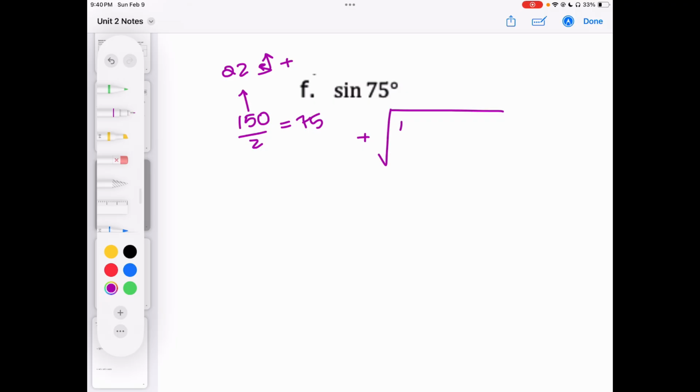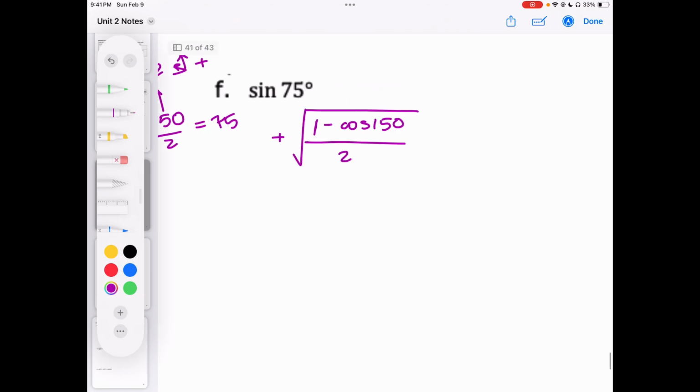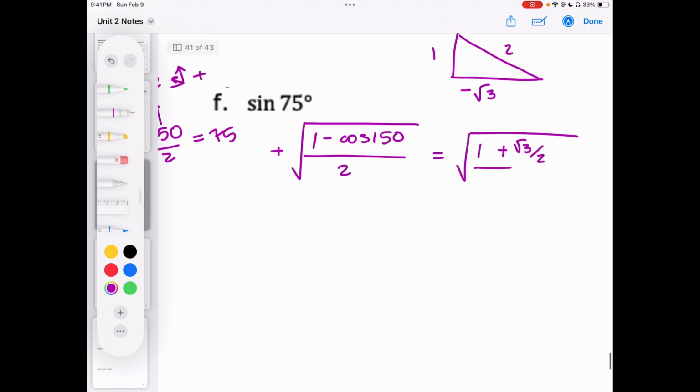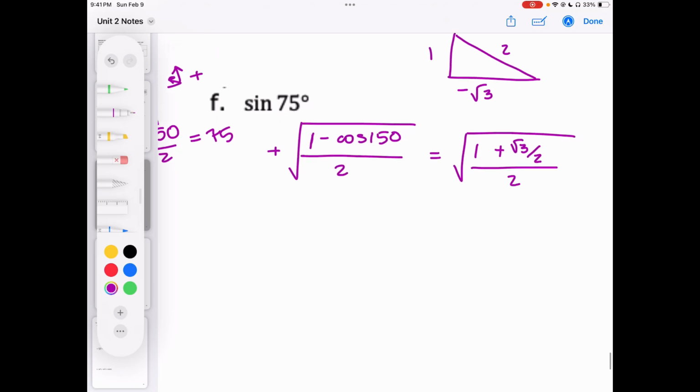So that's going to be 1 minus cosine of 150, all divided by 2. I know that cosine of 150 is going to look like this. So that's going to be negative root 3 over 2, which makes that a positive. And you again can leave it in this form.